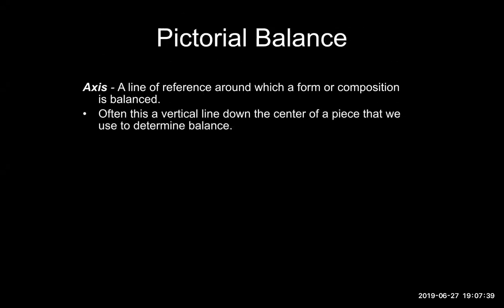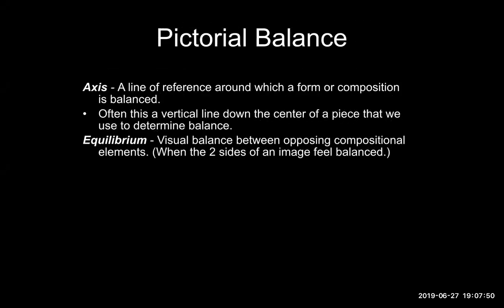And this axis functions as a fulcrum on a scale or a seesaw. And we want the two sides to achieve some kind of equilibrium. You can think of equilibrium as being the visual balance between two opposing elements. So if both sides feel balanced, even if they're not exactly the same, they've reached an equilibrium.